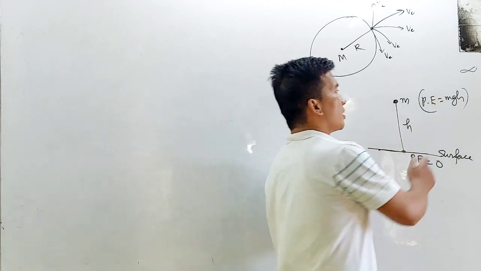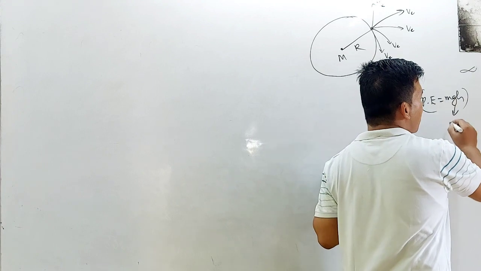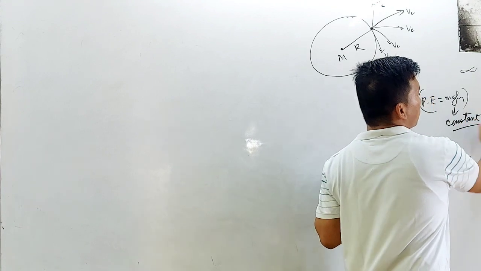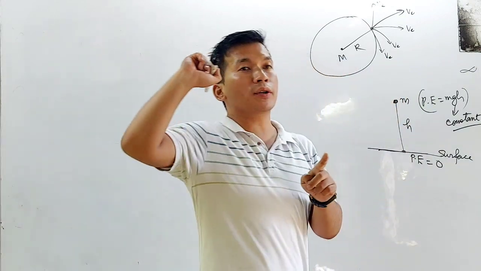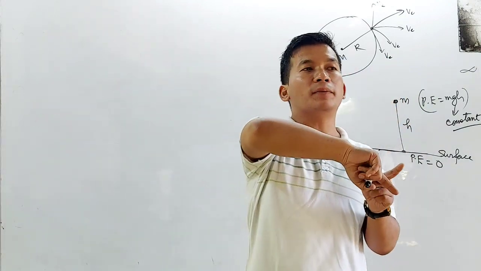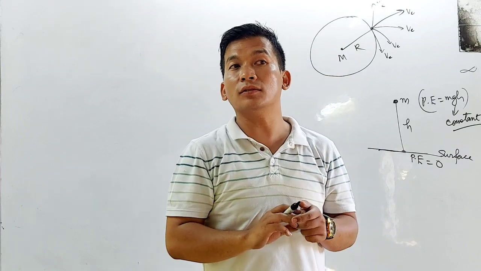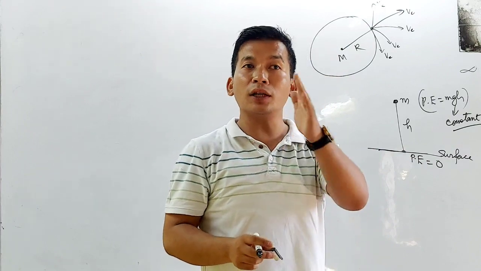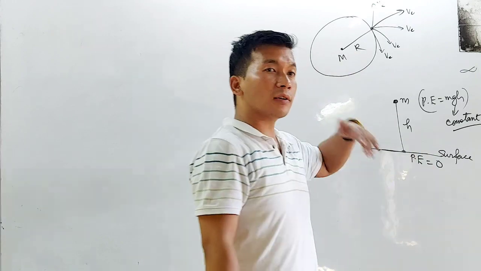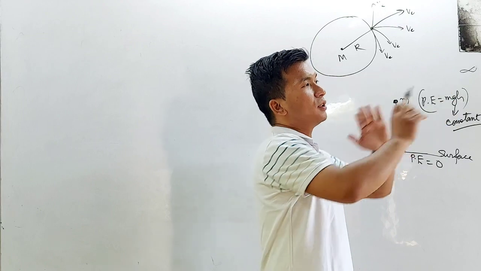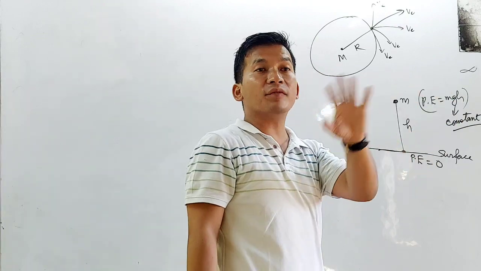Under this consideration, we consider that g remains constant. g is constant in the kinematics chapters, from chapter number 1 to chapter number 5, where g is 9.8 or 10. In the gravitation chapter, due to height, due to depth, due to rotation, due to shape of the earth, we consider the different variations.